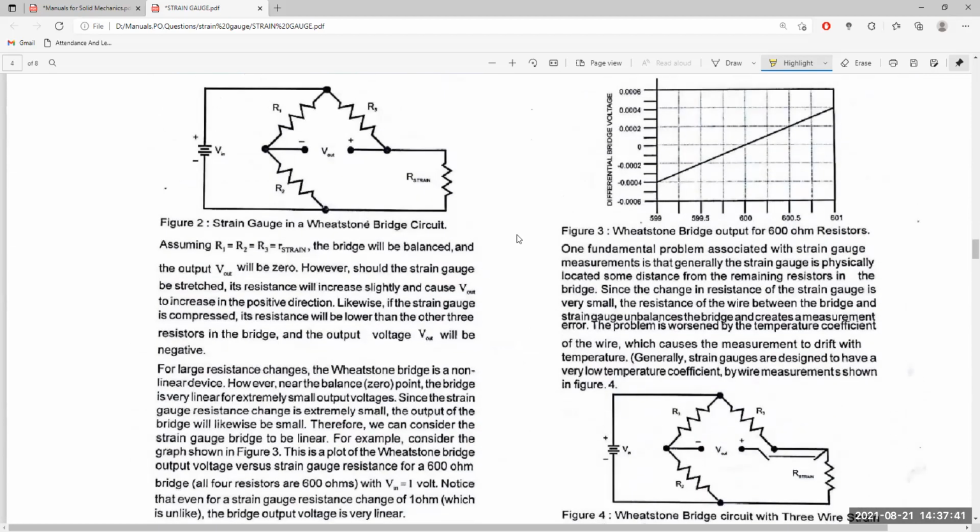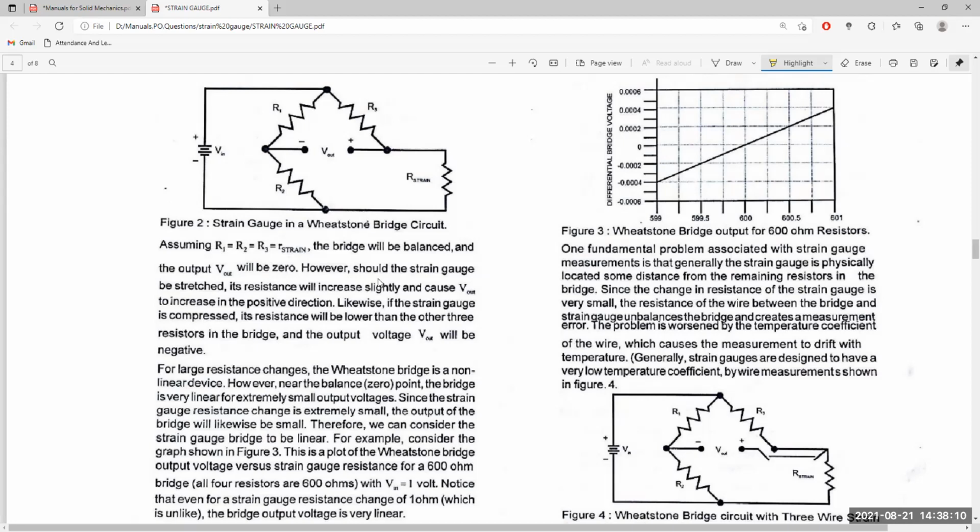Here, in this figure number 2, is a strain gauge in a Wheatstone bridge circuit. Here are R1, R2, and R3, and R strain is here. This is the voltage input, plus and minus. A direct current is supposed to be given. Assuming R1, R2, R3 are equal to R strain, the bridge will be balanced and the output V will be 0.